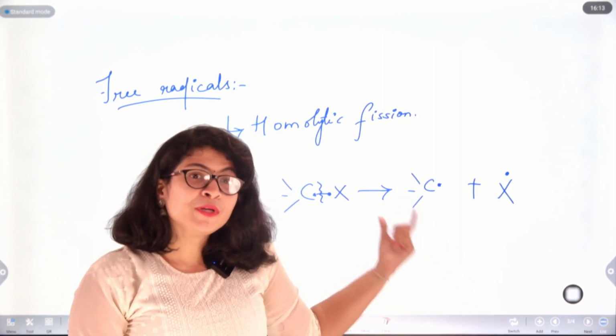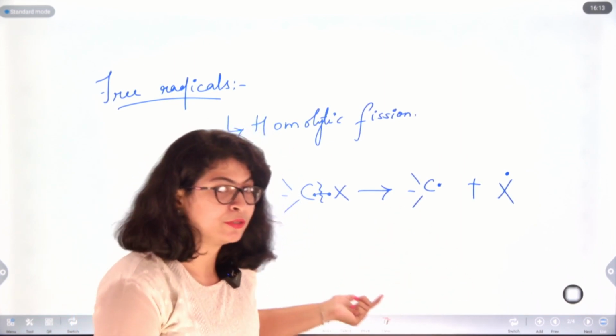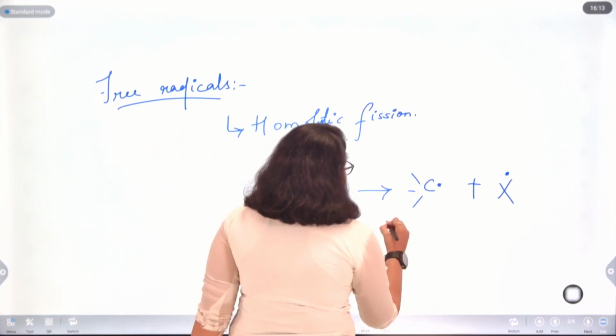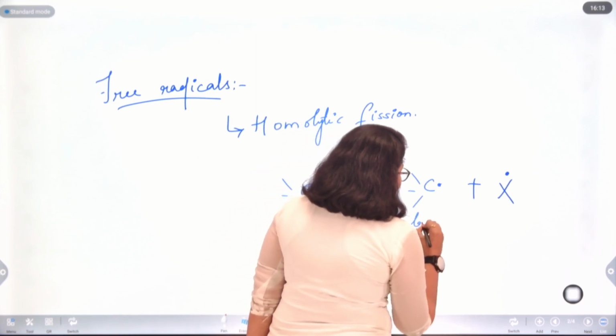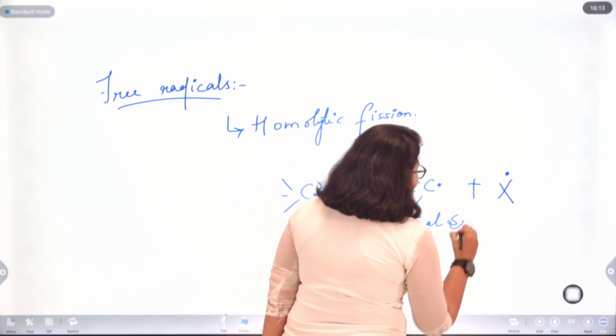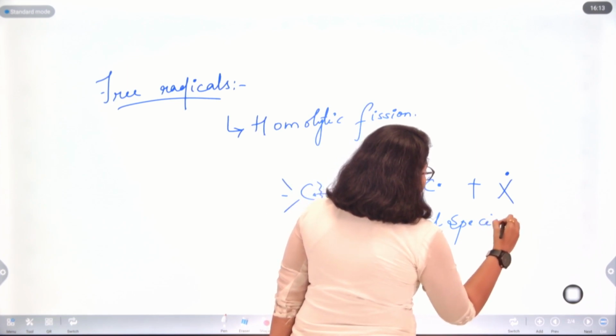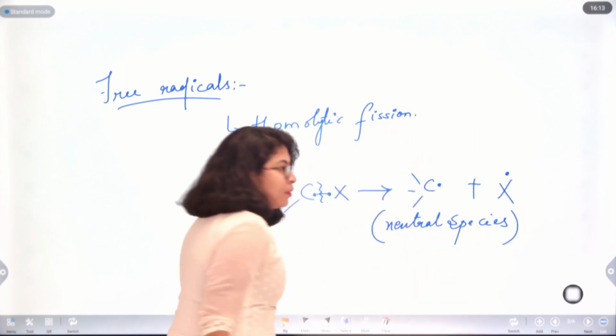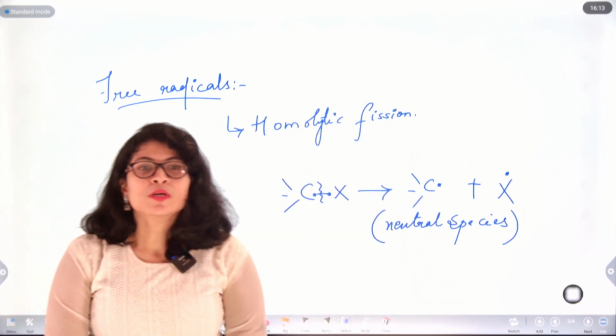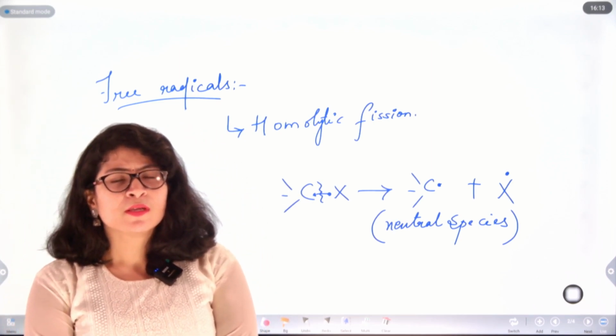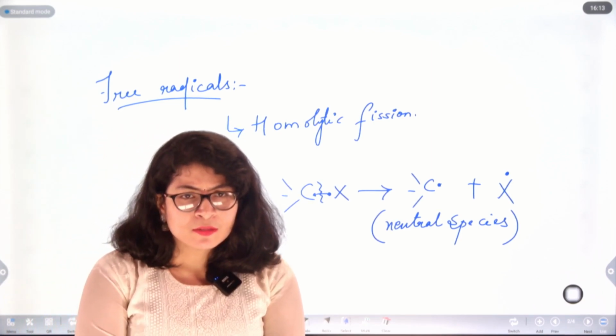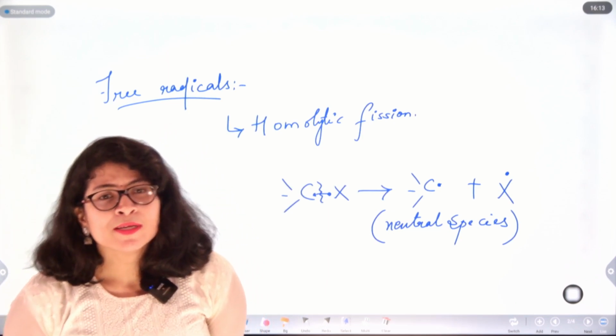So the free radical will be a neutral species. Interesting, right? It is a neutral species, but why is it reactive then, like carbocation and carbanion?